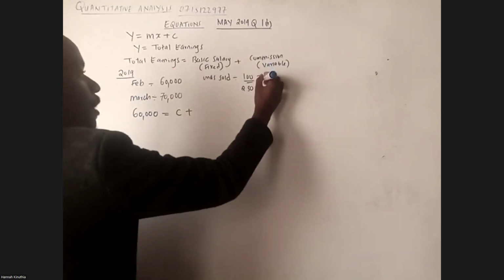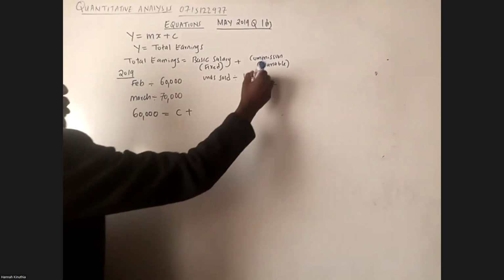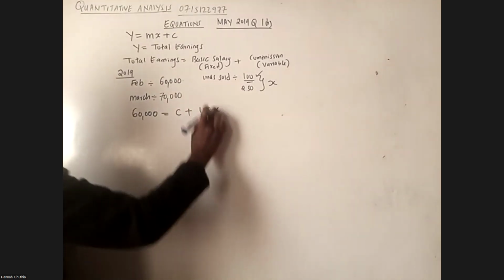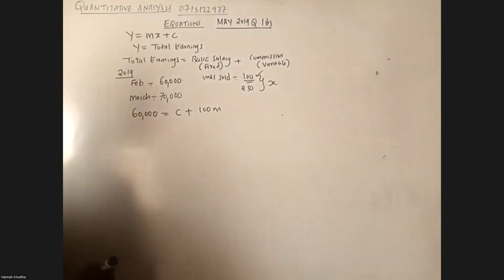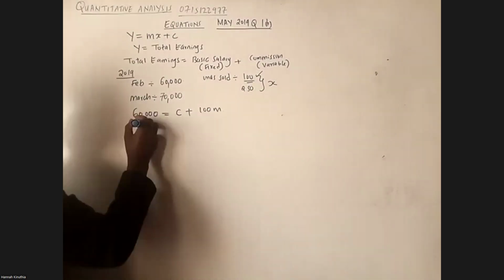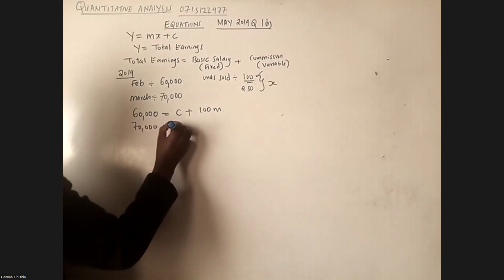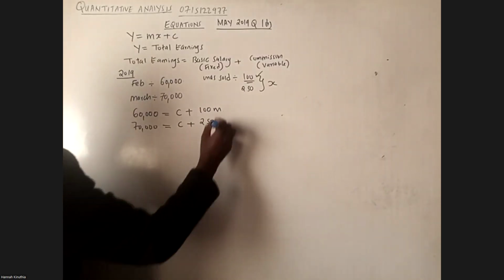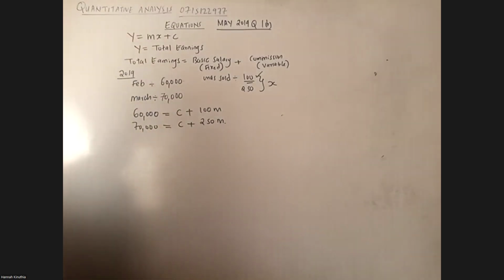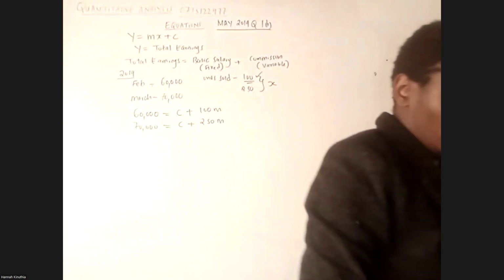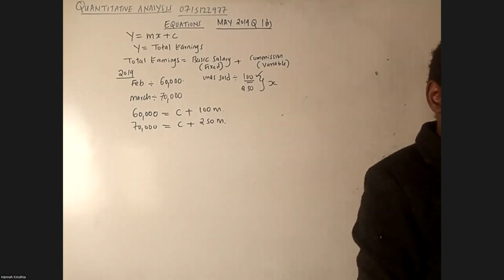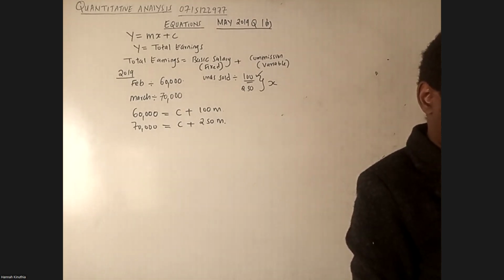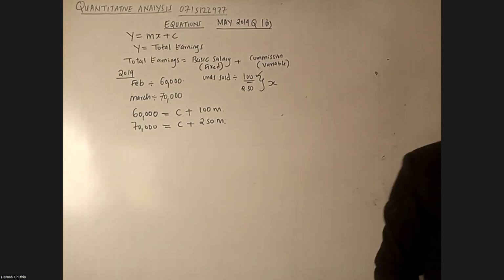Remember, this represents our X. So if it is 60,000 and 100 units, which depends on M. Now, if it is 70,000, we don't know our basic salary, but we know it was 250 units, which is our X, and it will depend on M. So when you have those two equations, then you can find the value of M and C. Let us find the value of M and C.